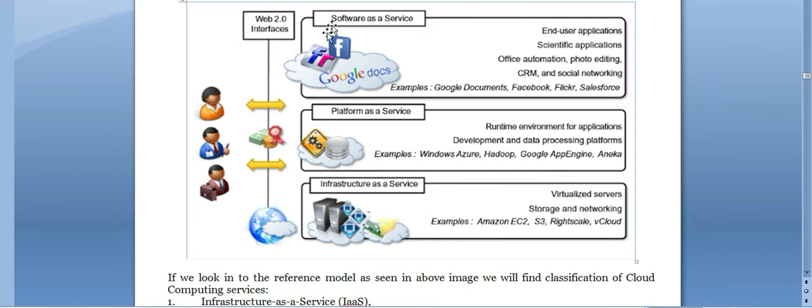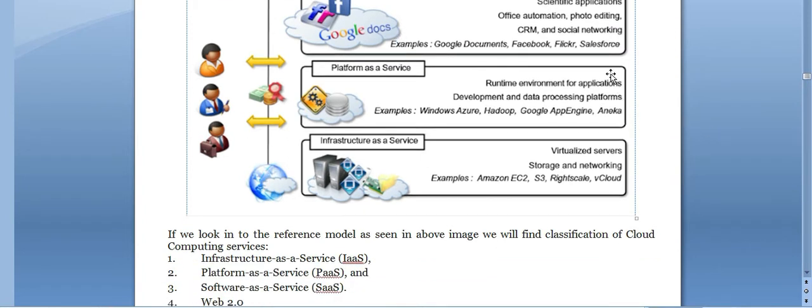And here we can say that end user application, whether it is Facebook, Google Docs, or whatever. Okay. And your Flickr, Salesforce, they are the software as a service. Means in general, that is the application. So these end user applications, scientific applications, office automation, photo editing software, CRM, and social networking, that is a part of the software as a service.